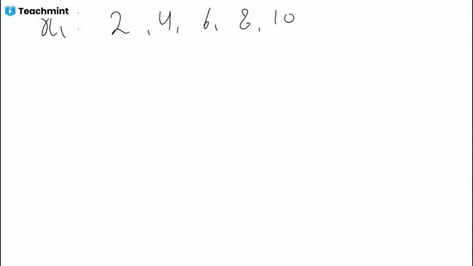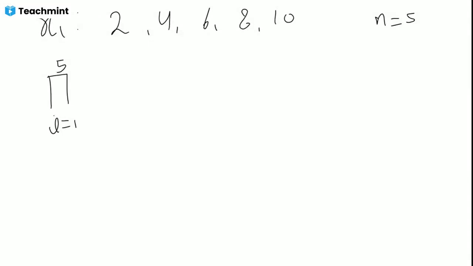Let us find pi, i is equal to 1 up to only 5, because we have 5 values. Here n is equal to 5. So pi, i is equal to 1 up to 5, is equal to 2 into 4 into 6 into 8 into 10.